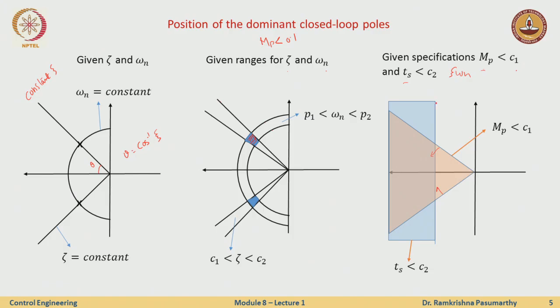This is zeta omega n, and anything here would meet this specification. Both of these are met through the area here. Say I choose a pole anywhere here, somewhere here or here, it would meet these specifications.